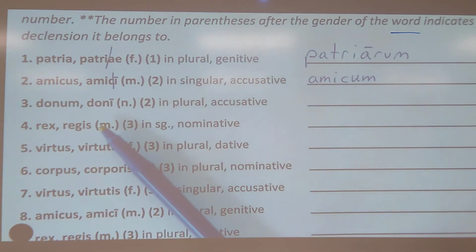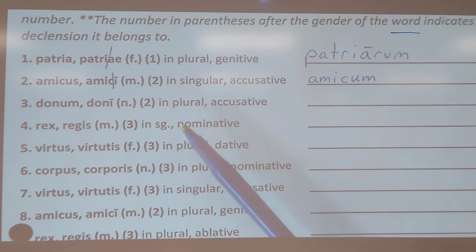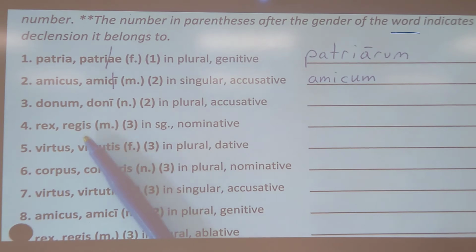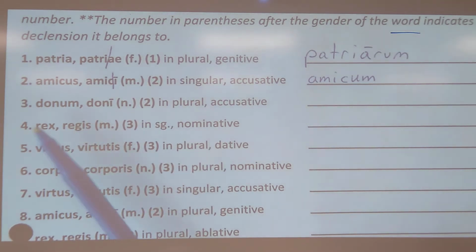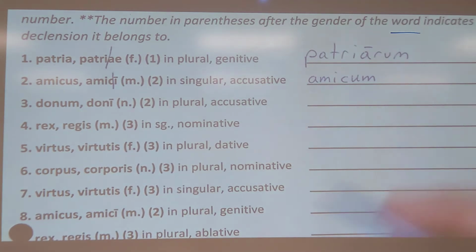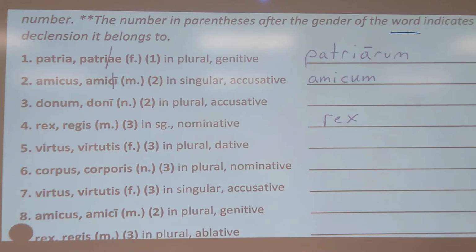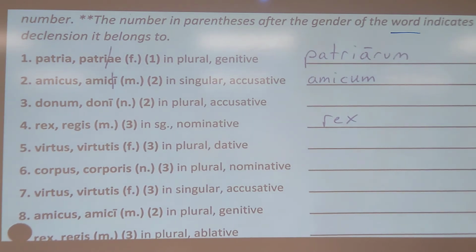So usually you want to look at the genitive singular. The thing is, if I ask you to write the nominative singular over here, well, all of a sudden you don't actually even have to look at the genitive because this is the nominative singular. So that time you get to skip a step. Nominative singular is rex.